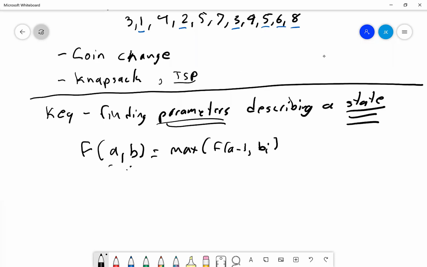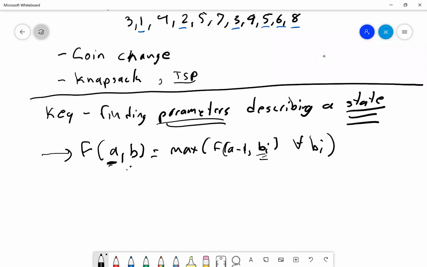Maybe I try every b sub i for a minus 1. If I've already computed these lower values, I can check every possible b value against that lower one, and then I just take the maximum of that, and that's my answer. That's the way you might parameterize something.